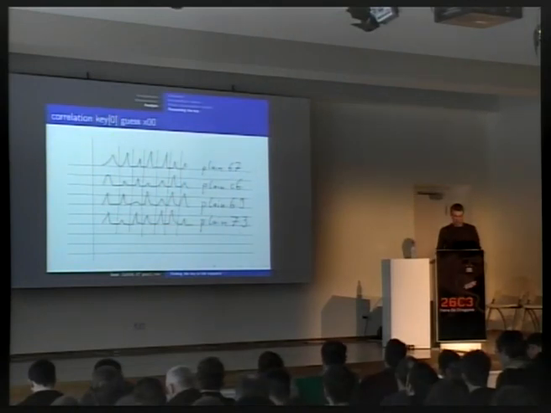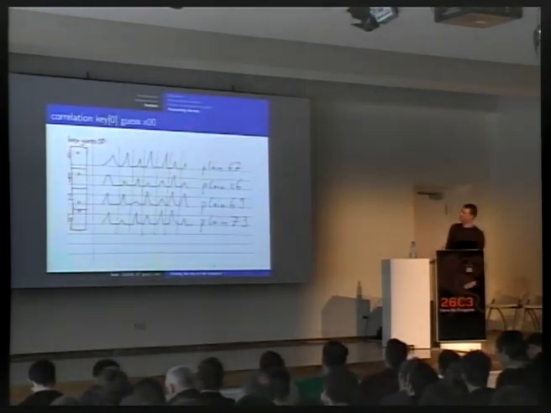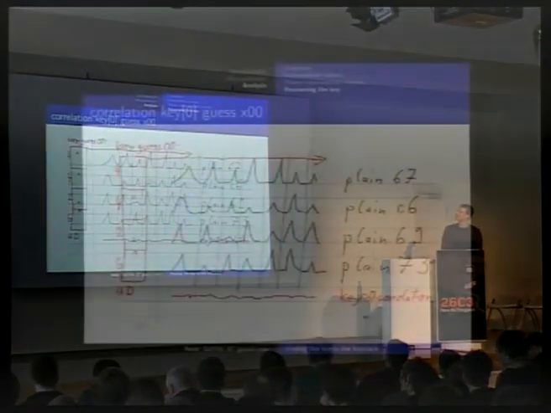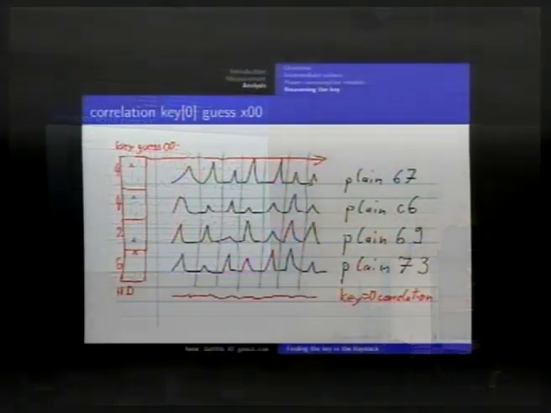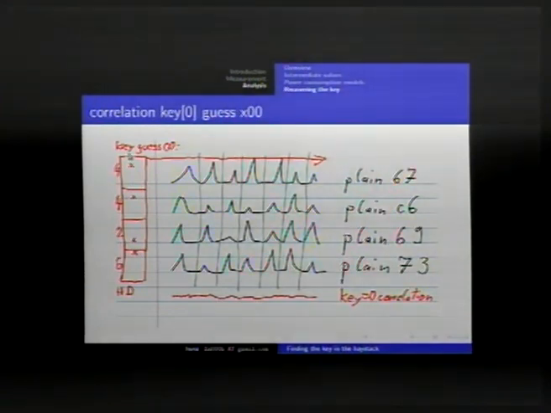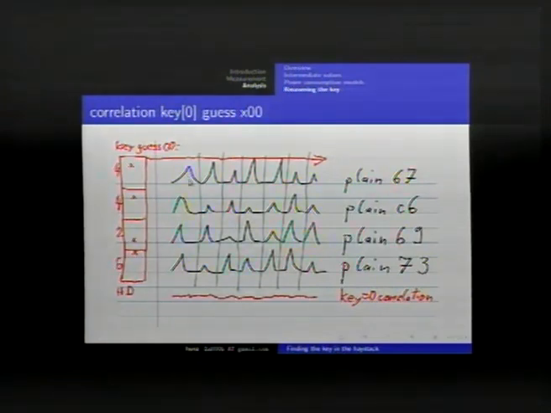And now we use our stencil from before. We apply the stencil and move it across the traces and see how well our stencil fits to the power traces. So we move it here, and now we go down and see how well does this fit, how well does this here fit, and the overall correlation value, so how well it fits, we note down here.